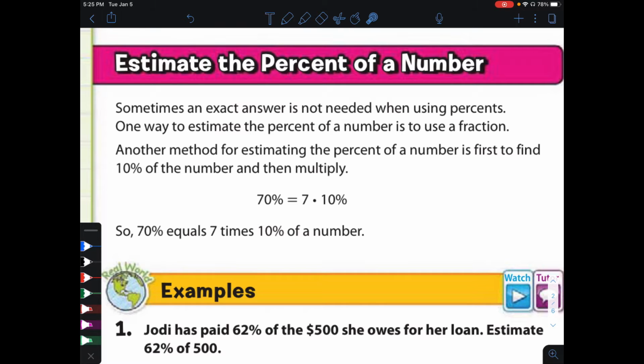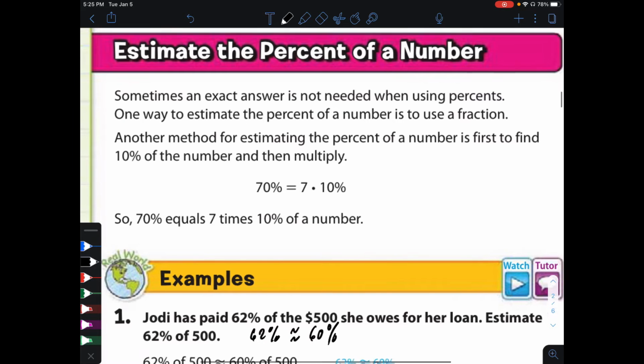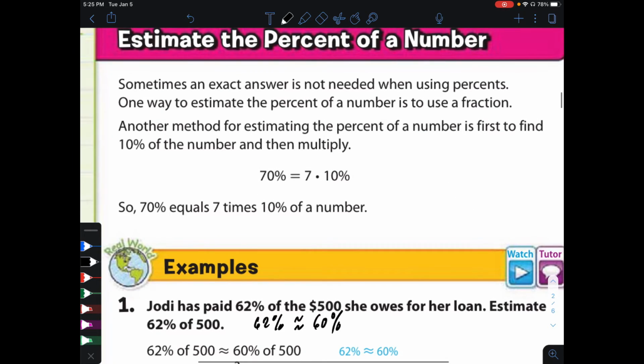Okay, we know that 62% is approximately close to 60%. So now we have 60% of 500.